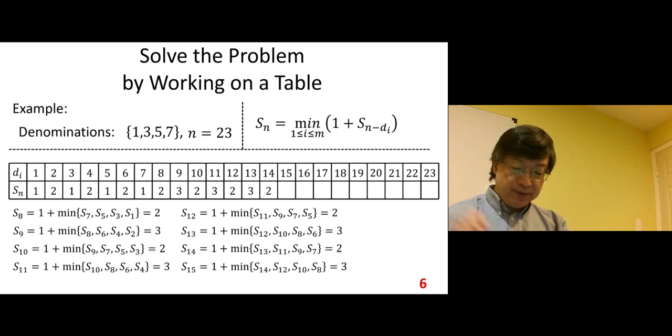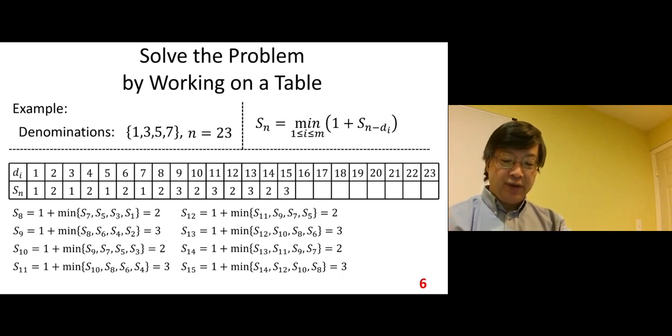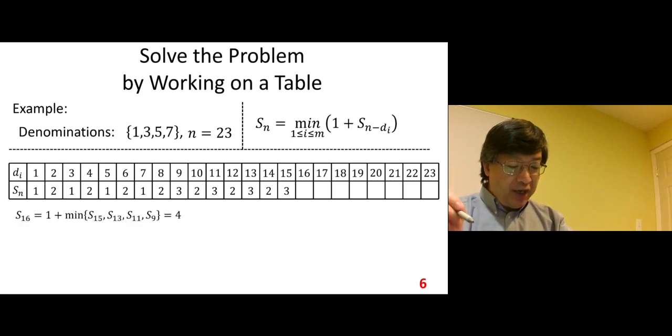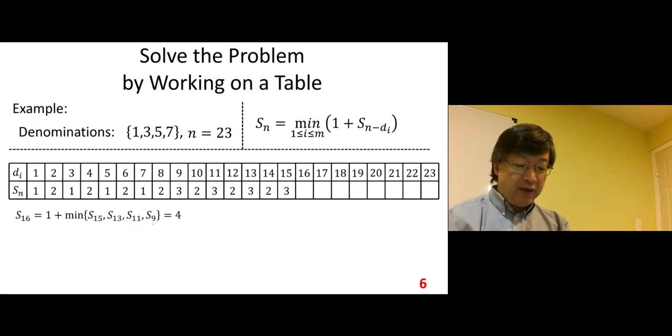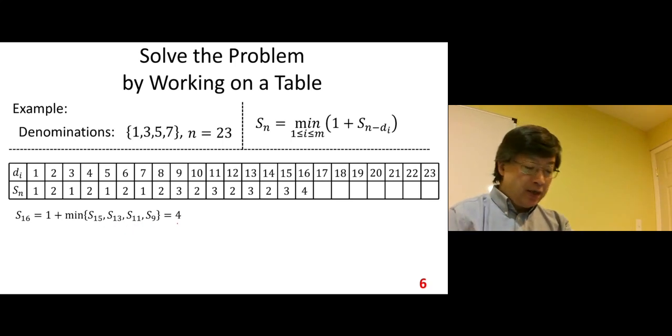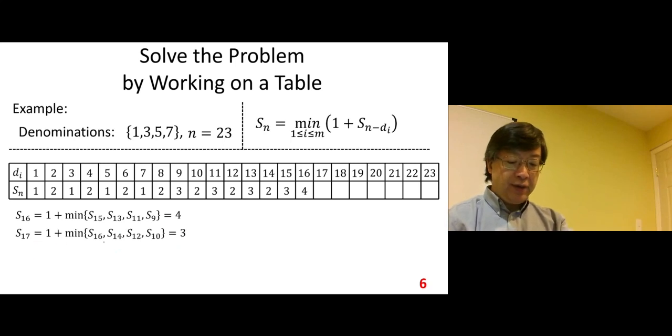Now we need to do the remaining numbers. S16: the minimum of those, 11 and 9, which one is smaller? All are 3, so we use that 3, and we get 4. For 17, those numbers are 2, so we get 3. For 18, the minimum is 3, so 4. For 19, the minimum is 2, so 3.